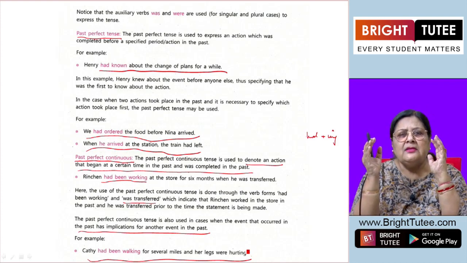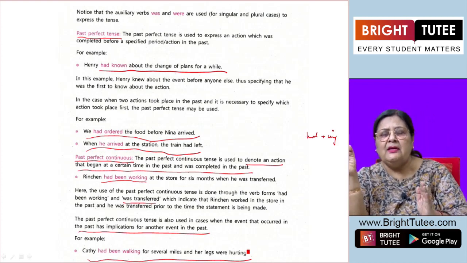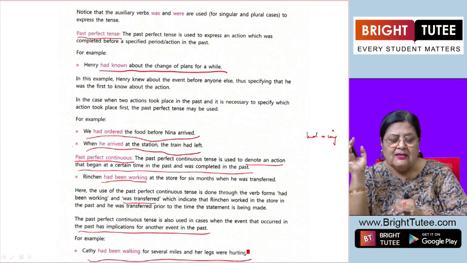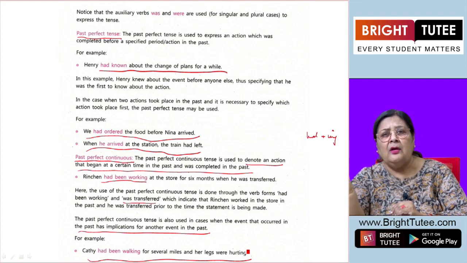In simple words, when an action begins and it is completed by the due course of time, it is what is past perfect continuous tense. As for example, he had ordered food. He had been working in the office since 2006.